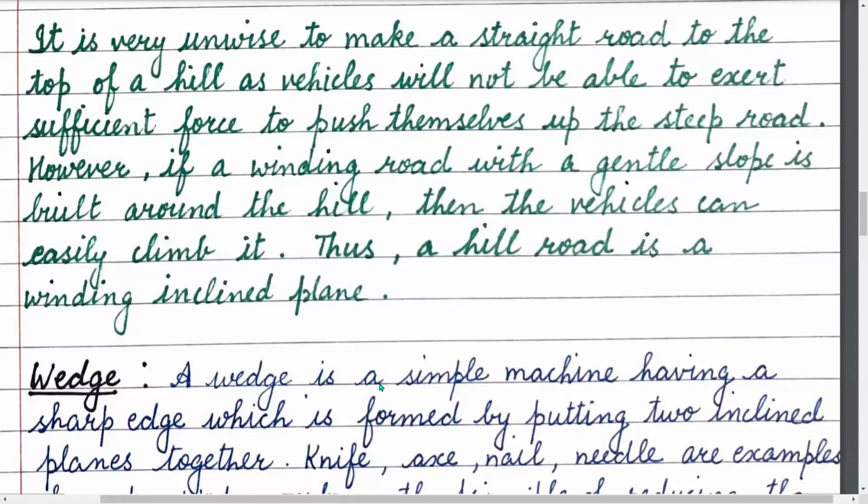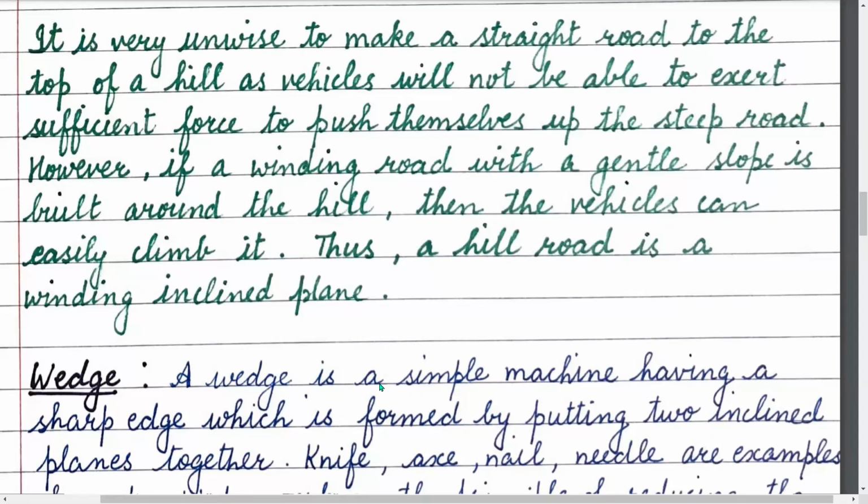It is very unwise to make a straight road to the top of a hill, as vehicles will not be able to exert sufficient force to push themselves up the steep road.